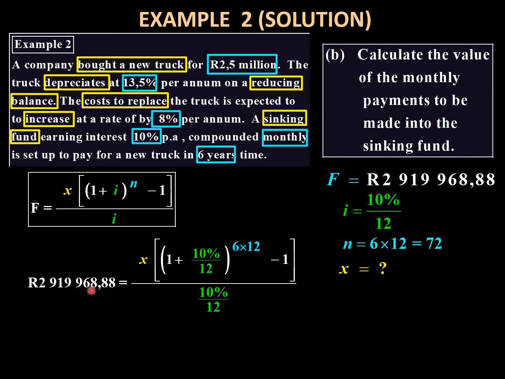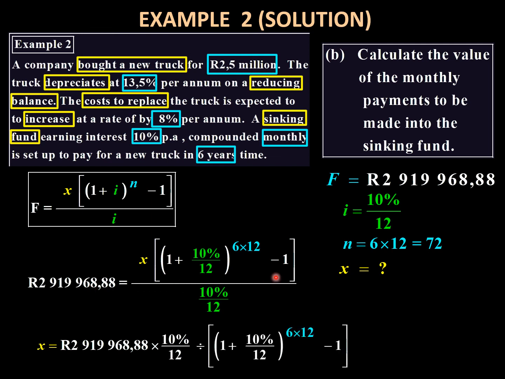We do a direct substitution, and calculating the value of X should now be easy. It's the 2.9 million, which we multiply with that 10% over 12, and then we divide it by this factor next to the X, and that gives me our X value. So in other words, they have to make provision every month of 29,761 rand and 80 cents, and if they do that for the 60 months, they will have exactly that.